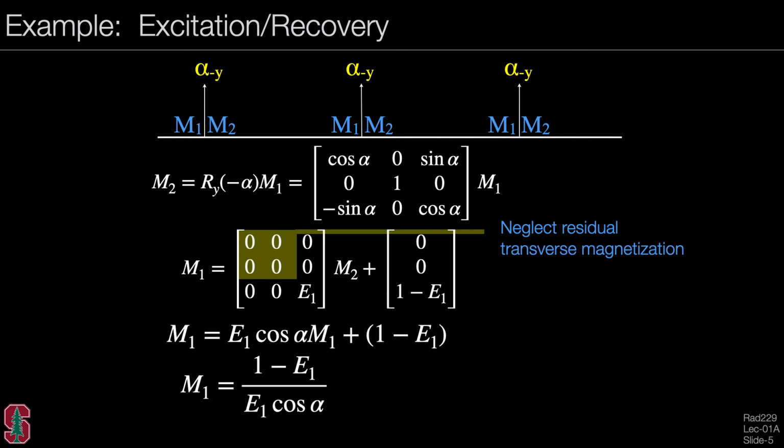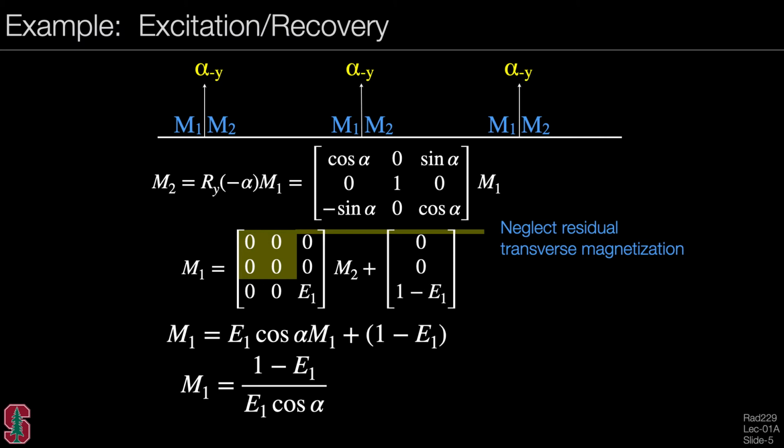If we do this, we can then collapse the matrix down to a simple equation where we express M1 in terms of itself by eliminating M2 in this equation, and we form this final expression, which is a familiar expression for the excitation recovery sequence, where we can neglect residual transverse magnetization, and this is the well-known T1 weighted gradient echo signal, which we will see much more later.